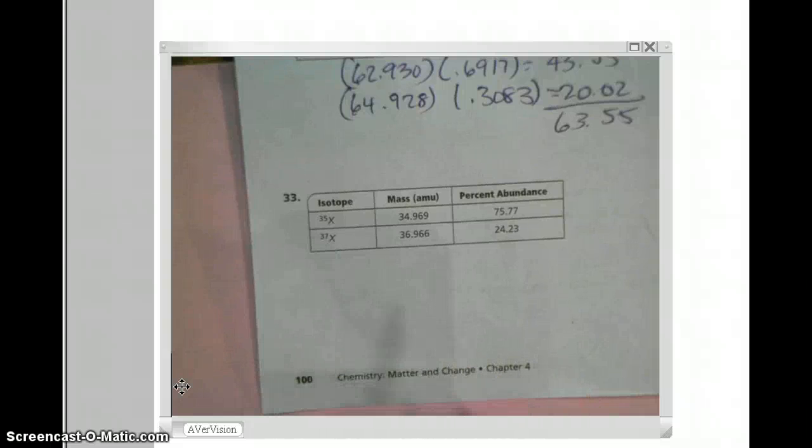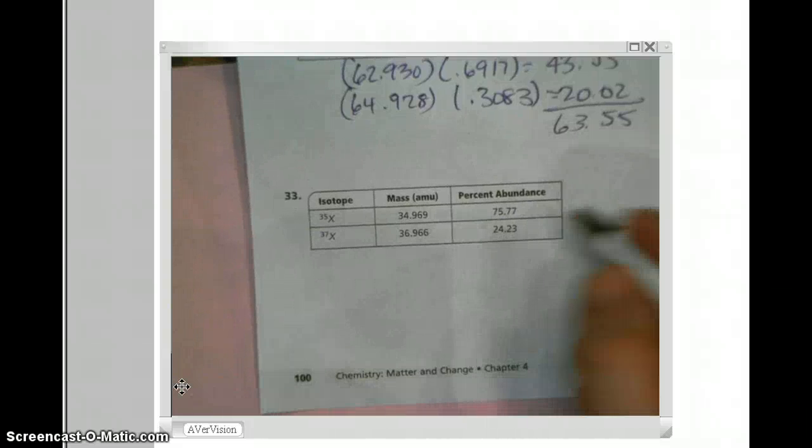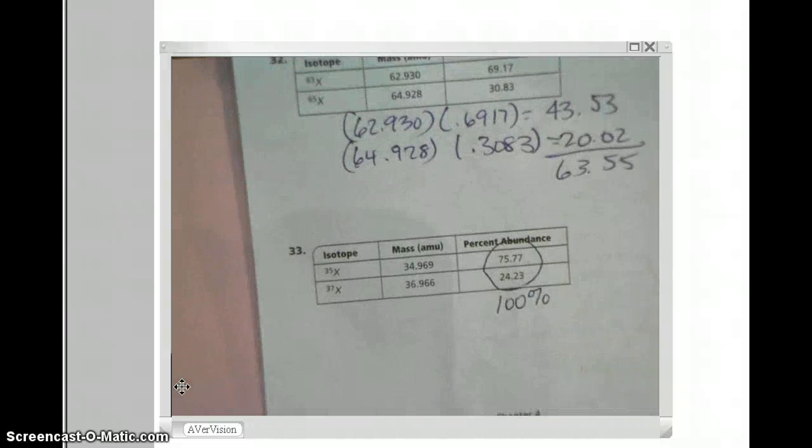The isotope X37 is going to be 36.966 mass, and it occurs 24. Now, hopefully you see that this adds up to 100%, so our end should also be 100%. So we are going to actually see how all of this contributes.